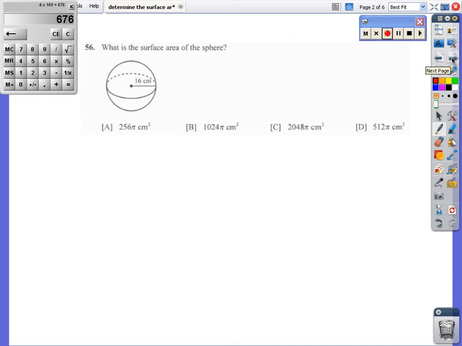Next one, it's basically the same thing, so I just kind of wanted to show it real quick. This time they gave me a drawing with that radius in there. A diameter would be all the way through. This is just a radius. It's halfway through. And we're going to plug it into 4 pi r squared. So we got 4 pi 16 squared.